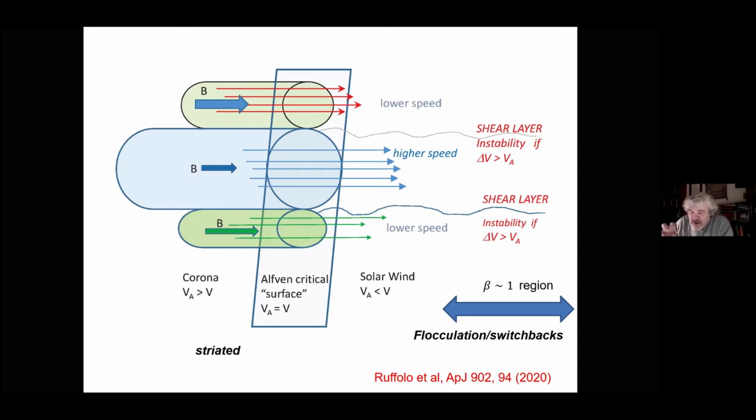In fact, the correct variables to look at it, even if it's incompressible, are these Elsasser variables, which are the sum and differences of the velocity and magnetic field. And the velocity plus magnetic field interacts with velocity minus magnetic field as kind of virtual fields. And these wave packets can actually collide and produce the cascade.